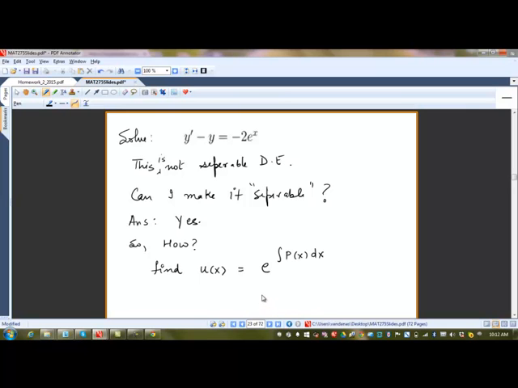Okay, so what is that function here in this scenario? e to the power minus x. I will not put a constant of integration here. I'll just cook up this function. Now multiply this function throughout the differential equation.